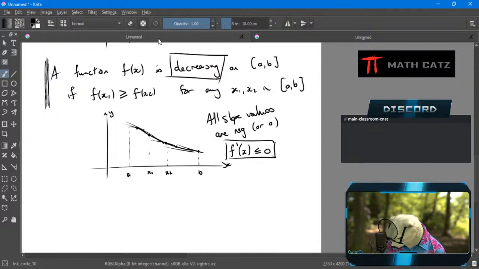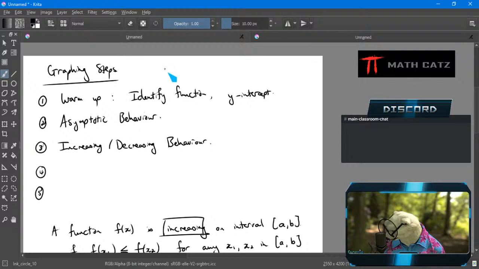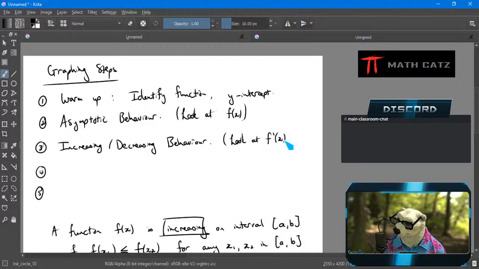So it's actually quite simple. Did I do it on this page? Right. When we looked at asymptotic behavior, I looked at the function. When I look at increasing, decreasing behavior, I'm going to now look at the derivative.